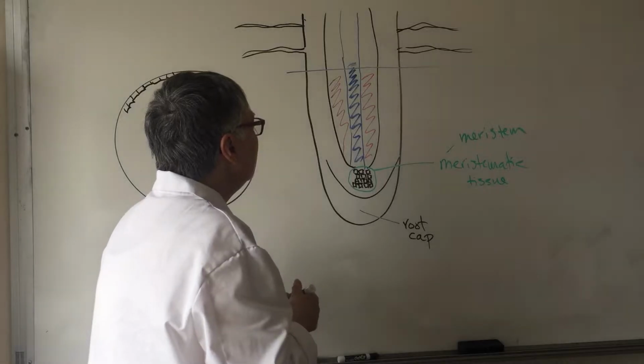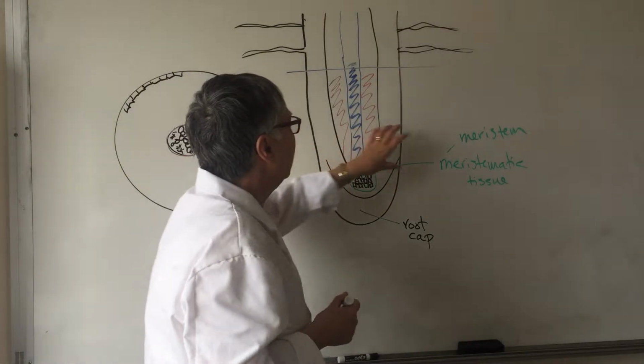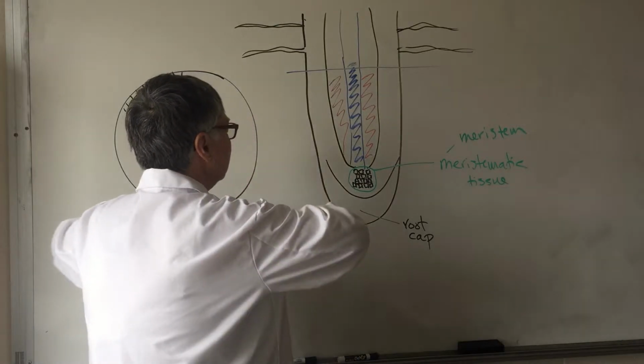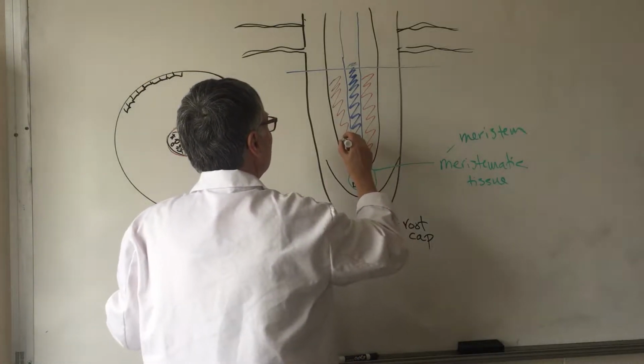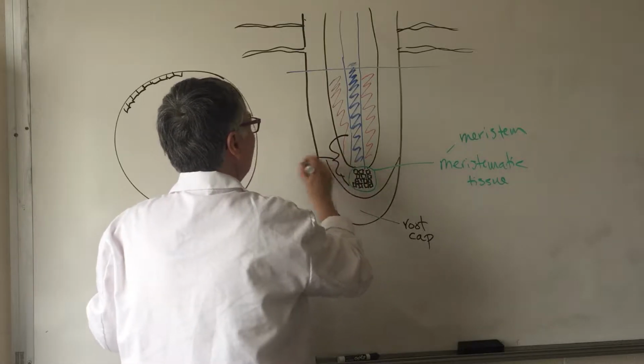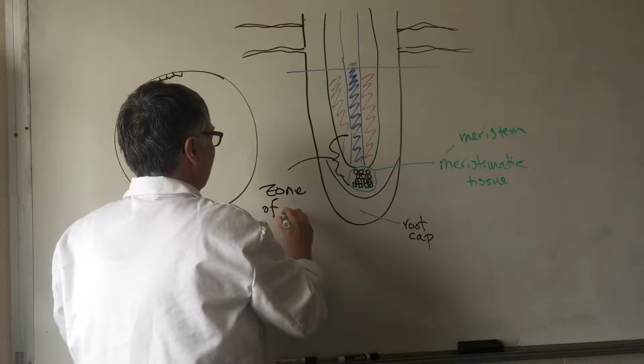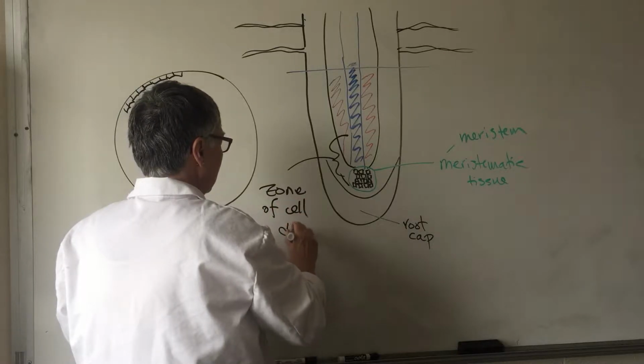Just behind the meristematic tissue, we're going to see an area, right in here, including that, is what we call the zone of cell division.